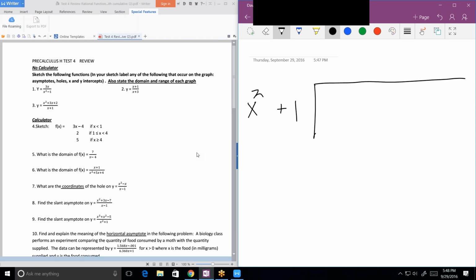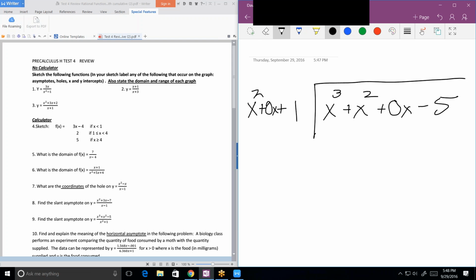You have to always have a spot for all of your possible powers of x. So the numerator is missing an x term also. So you have 0x minus 5, and here you put a dummy variable right there also.